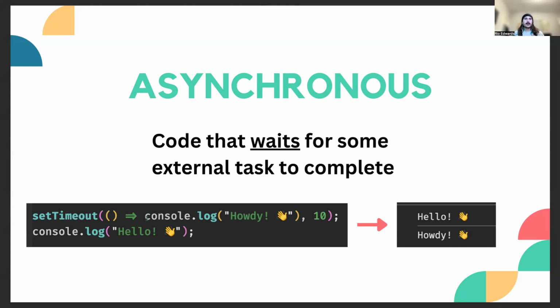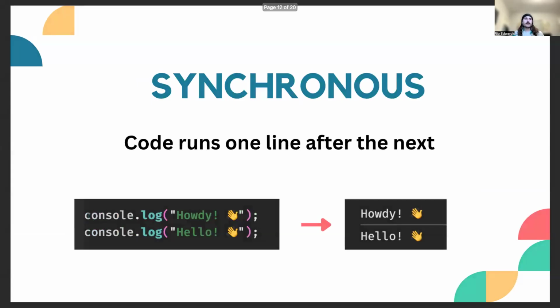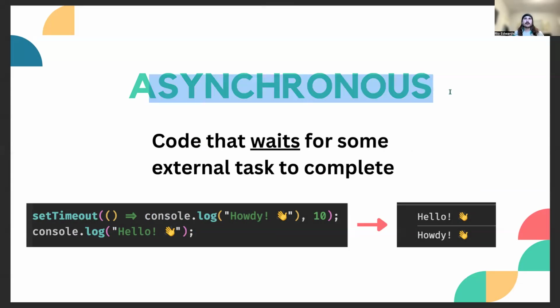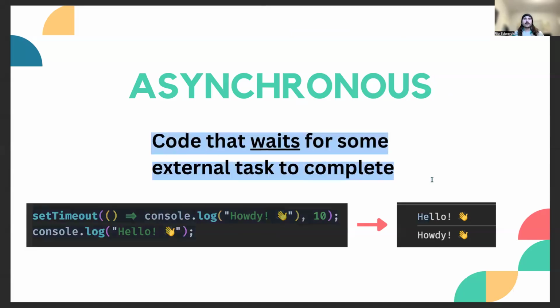But if you were to write your code in a synchronous way, there would be no way to have one line of code wait until the server responds and then keep going. You have to use asynchronous code. So we're going to wait for an external task to complete, and that external task is the response from the server.